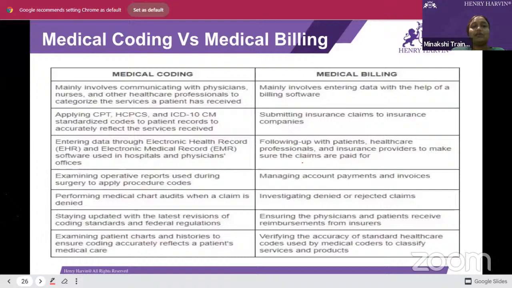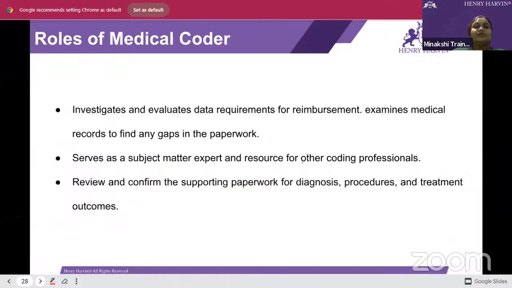Regarding billing, I'm not going into detail. The roles of the medical coder I have already explained. But apart from code conversion, a coder should also pre-check all the paperwork: any paper gap, any paper missed, whether all the processes are clear or not.